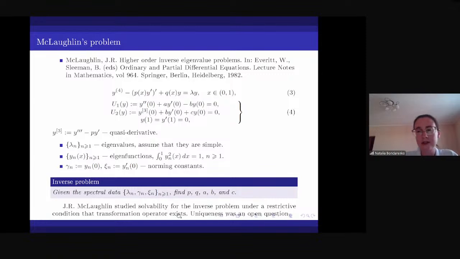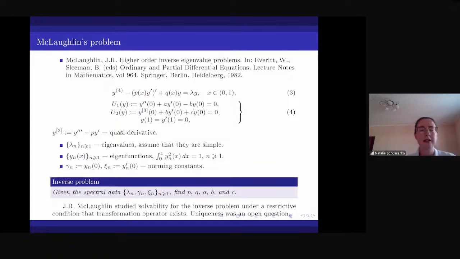So there was a specific result about existence of solution, but there was no uniqueness theorem, because if this restrictive condition doesn't hold, McLaughlin's method doesn't work. So she didn't investigate the uniqueness of solution.